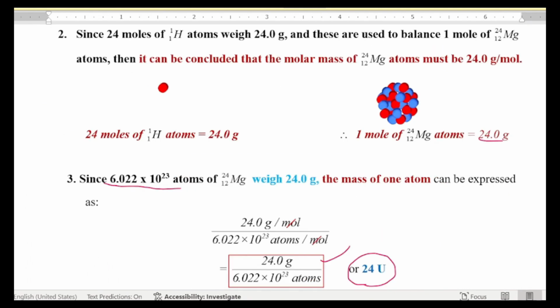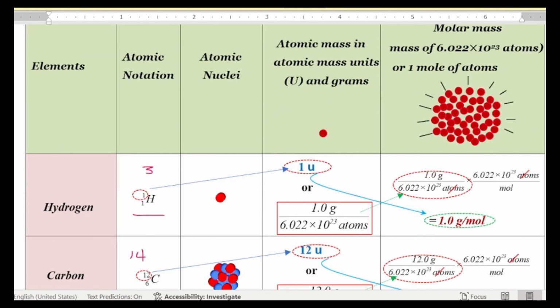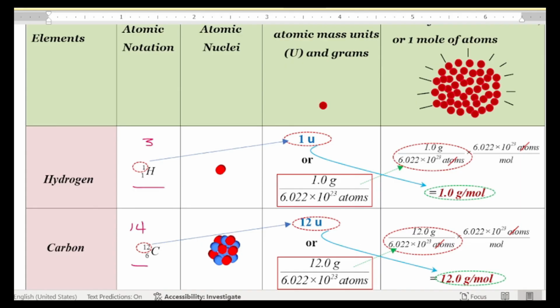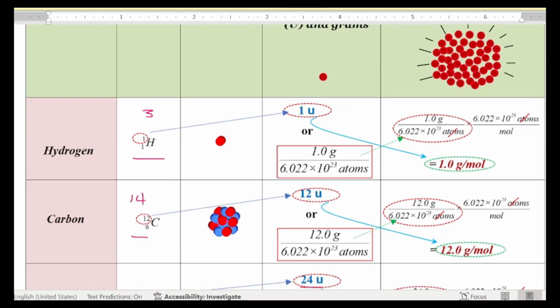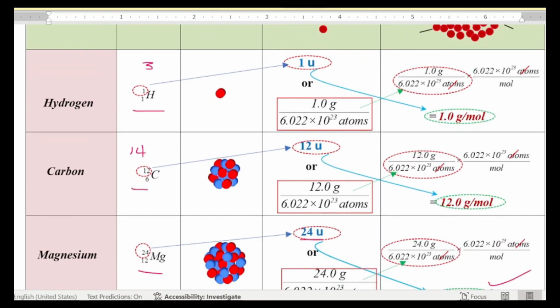So why don't we come back to this table a little bit more and talk a little bit more about this table here. So what this table is showing you here are 3 isotopes, one from each of 3 different elements. Hydrogen 1, carbon 12, magnesium 24. It shows you how heavy each of these is with respect to hydrogen.